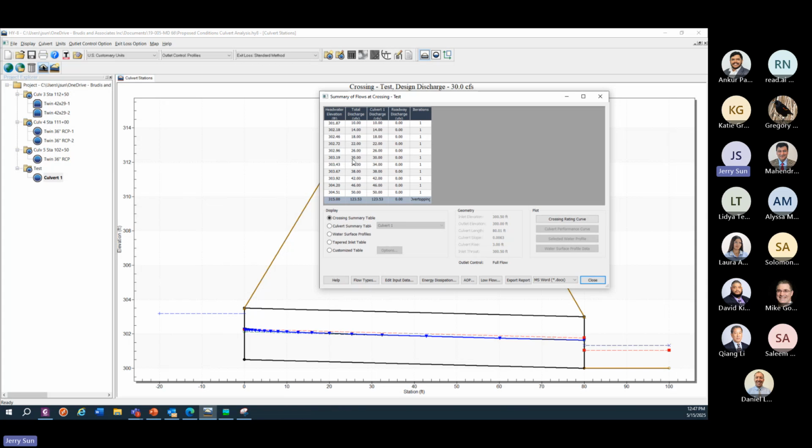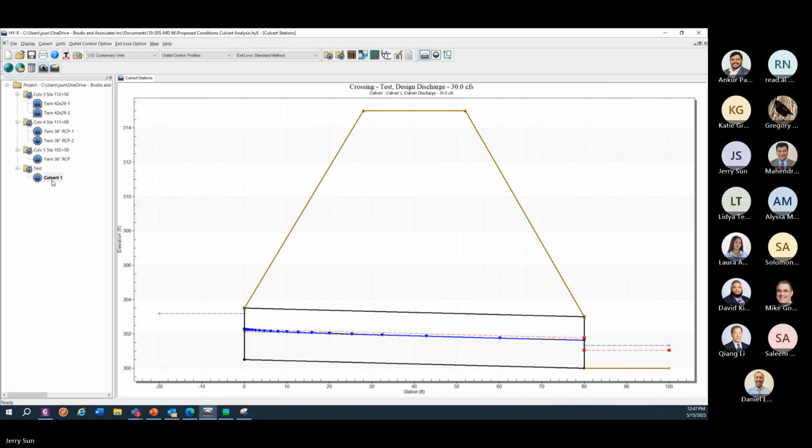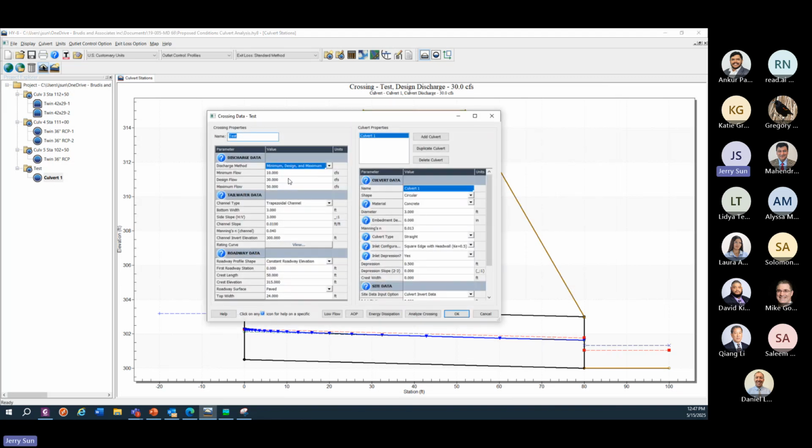So if for example the design is 30, go back to that. You have minimum 10, design 30, and maximum 50, right?